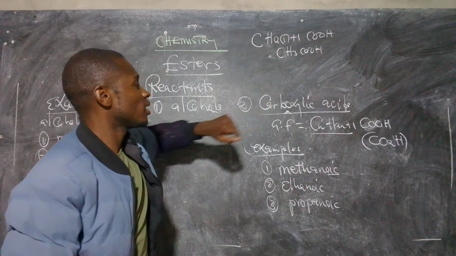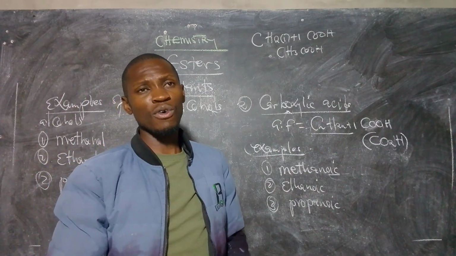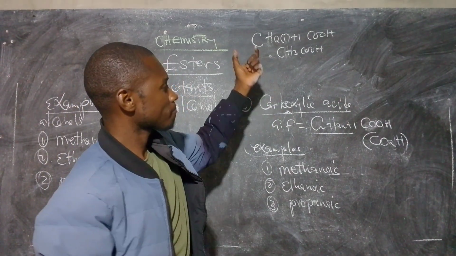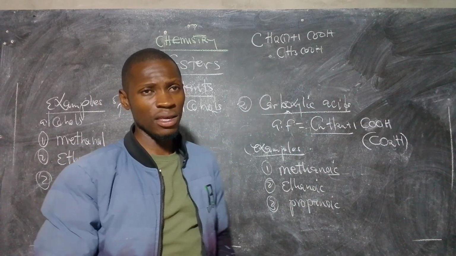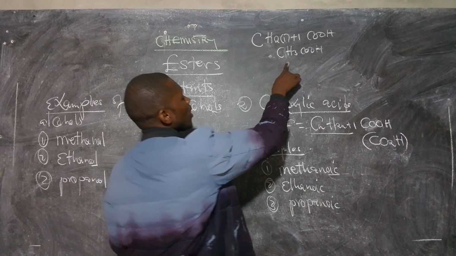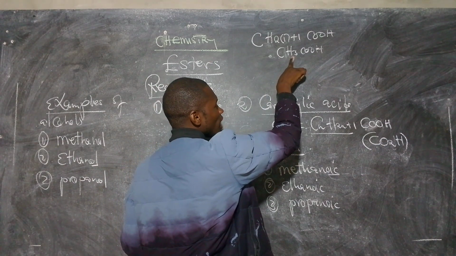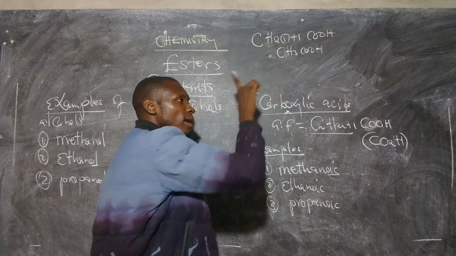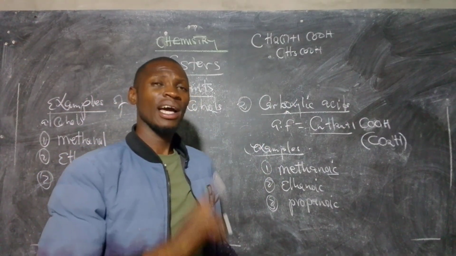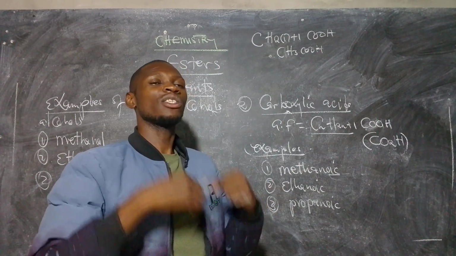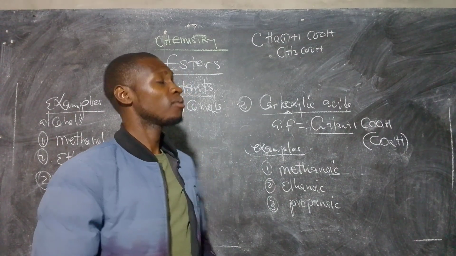So what do we do now? Whenever you are making the molecular formula for carboxylic acids, you need to understand one thing: we need to remove 2 hydrogen and 1 carbon. We subtract 2 hydrogen and 1 carbon. What will remain will be the final answer as our molecular formula.